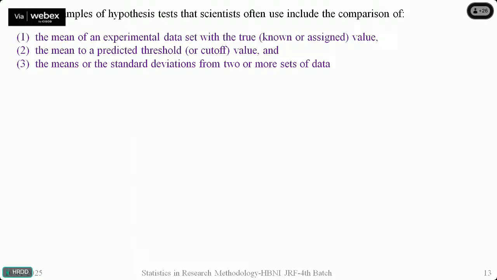If there is uncertainty, or if you want to confirm your value before presenting it to another person, you can cross-check with your friend, labmate, or another instrument. Between two measured means you can do the comparison. There also you can use hypothesis testing, to get yourself convinced that you are in the right direction. That is another way of doing the hypothesis test.